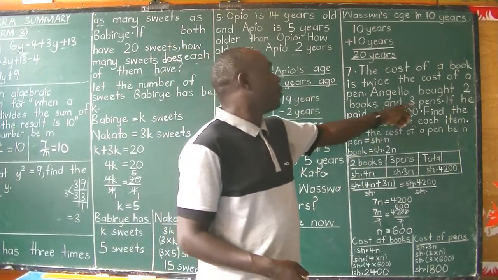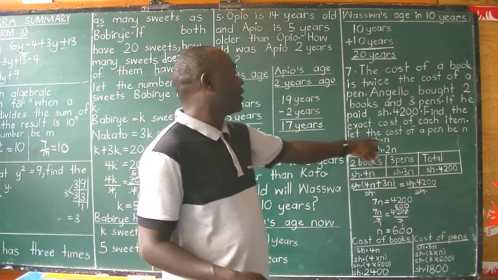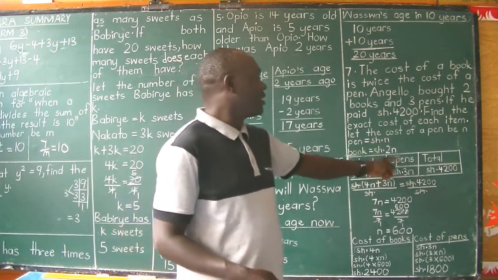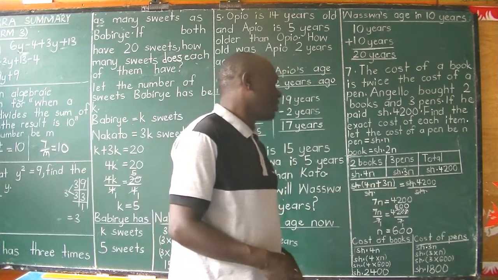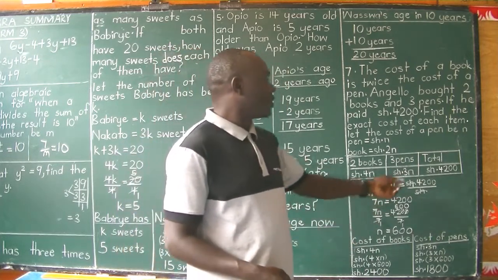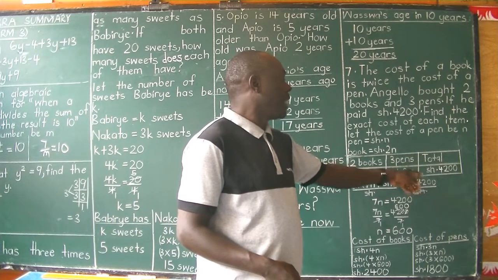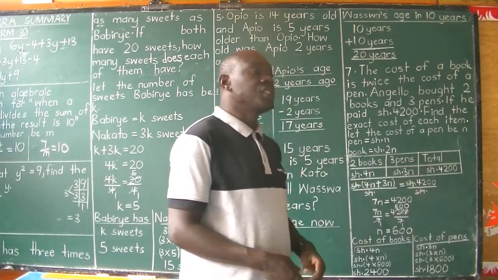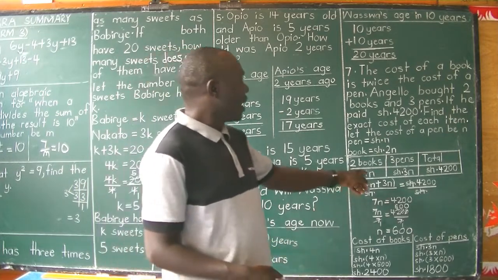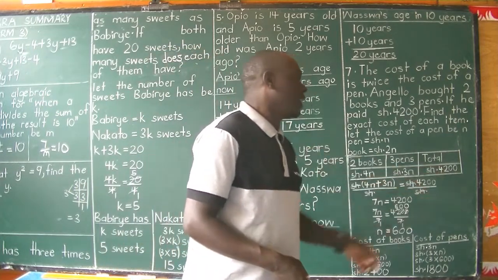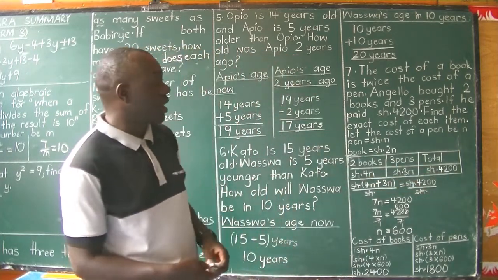Then he further bought 3 pens, and now that the pen costs n, then 3 pens will cost 3 times n, which is 3n shillings. And therefore, he paid 4,200 shillings for all the items. So we add this and that to get the 4,200 shillings.